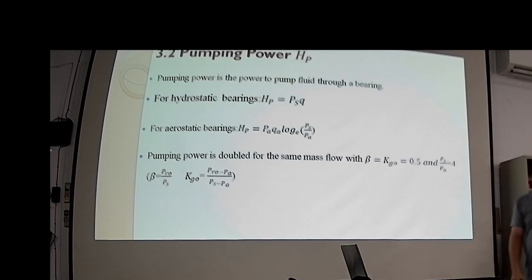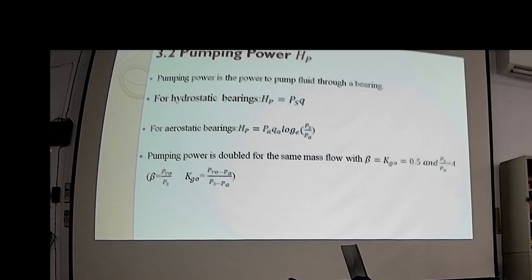So first is the calculation of the pumping power. So pumping power is the power to pump the fluid or lubricant through a bearing. Okay. In that case, the calculation of the pumping power can use this formula.